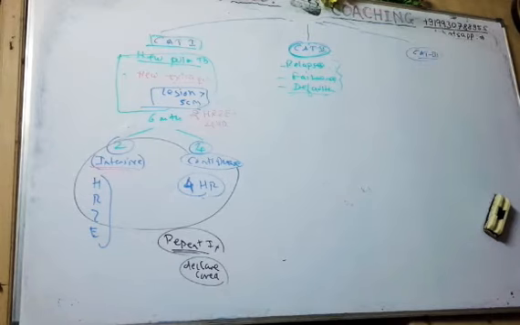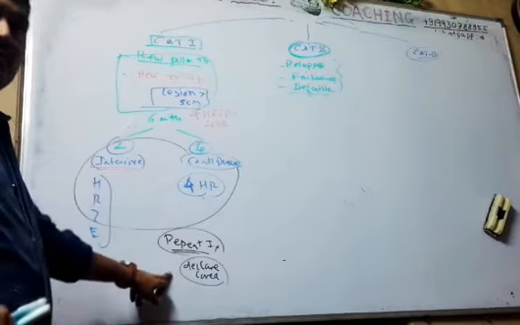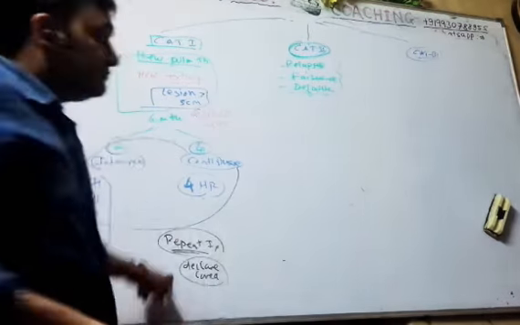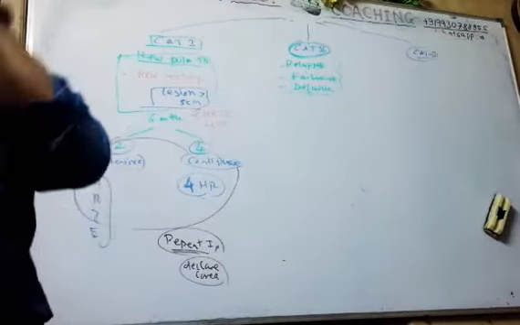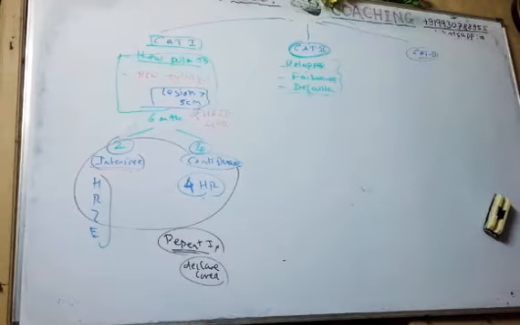For example, what are relapses? Patient had tuberculosis, patient was declared cured and again became positive. Relapses. What is failure? The treatment failed early.